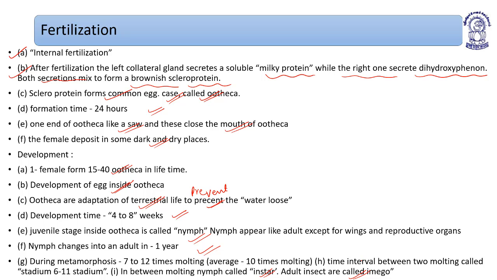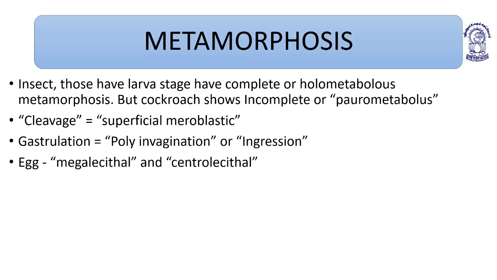The ootheca is an adaptation of terrestrial life to prevent water loss. Development time is 4 to 8 weeks. The nymph is called an instar, and the adult is called imago.